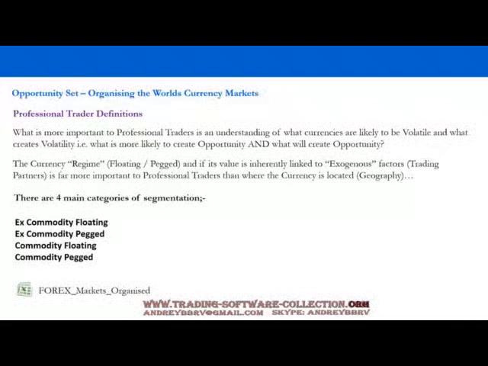It's an exogenous factor that is affecting the value of your currency. It's out of your control. Now, these are very important to professional traders because this is one of the drivers of volatility. And that's why we segment by commodity and by regime.